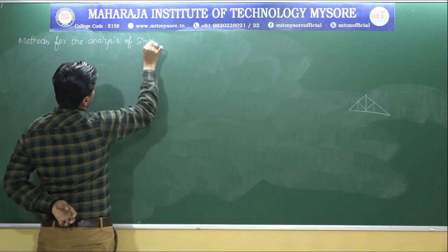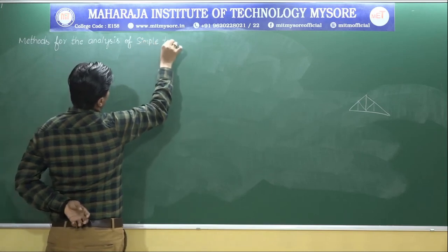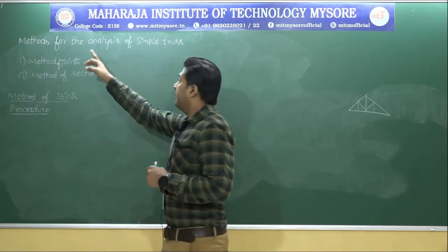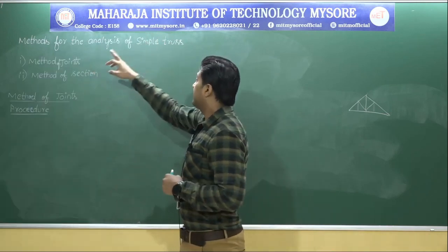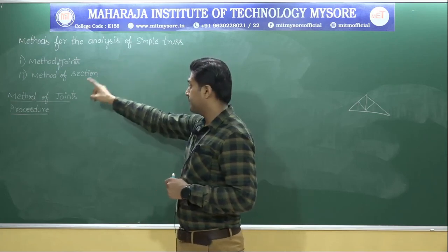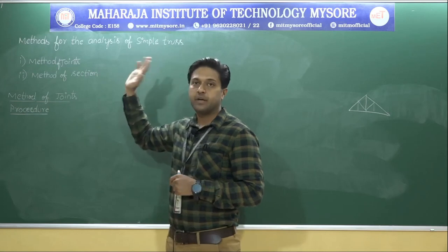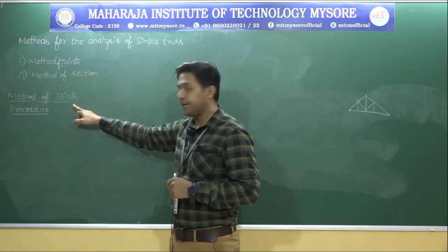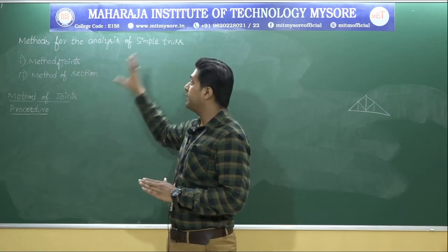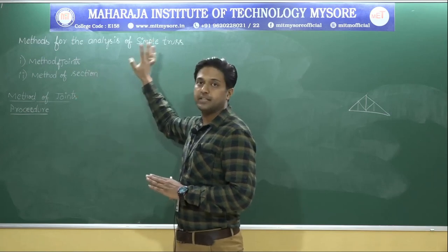There are 2 methods for the analysis of simple truss. One is the method of joints, the second one is the method of section. Let me take up the method of joints. It's a procedure. There are 2 methods to find the member forces in a simple truss.